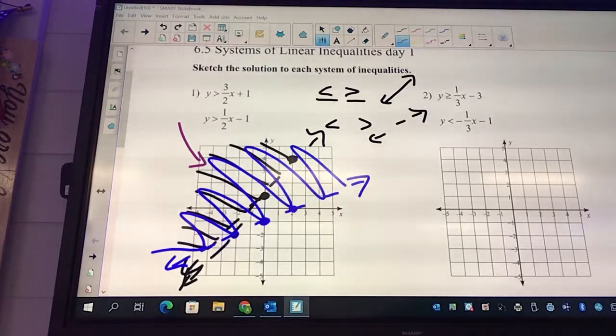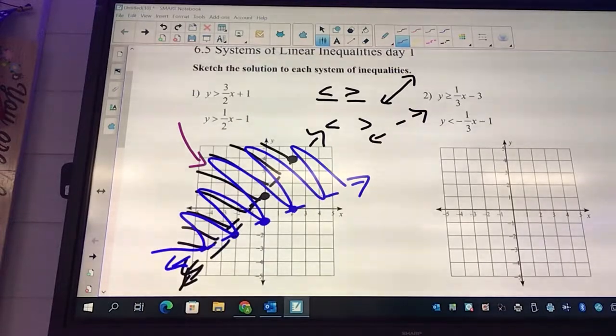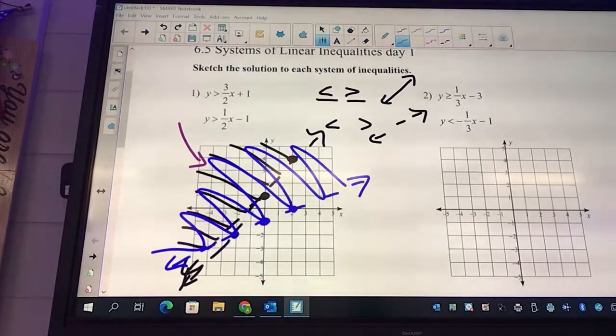Do I have enough money for Burger King? Yeah, I have $10. Do I have enough for McDonald's? Okay, I have enough for there. So I could do one or the other, or both, really.